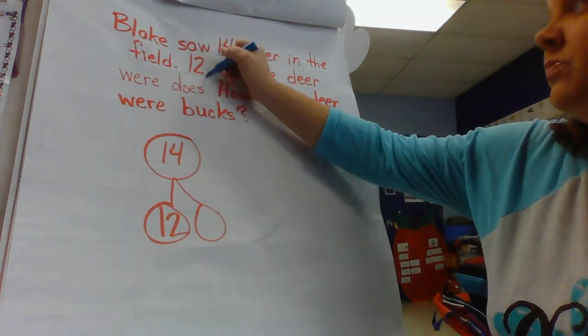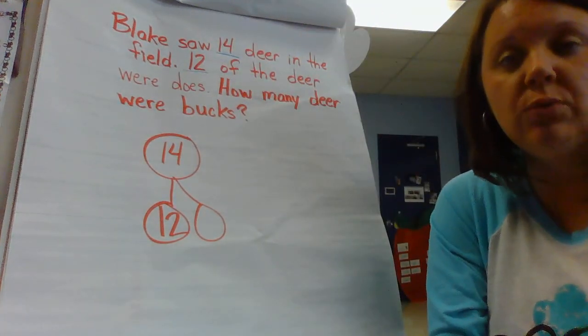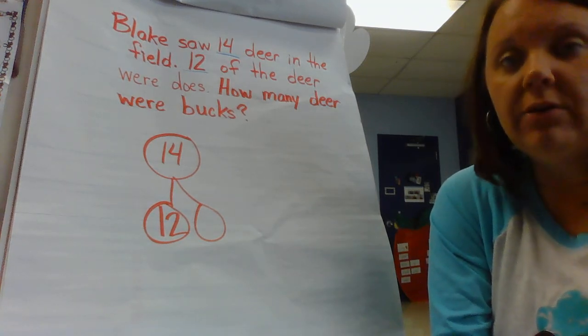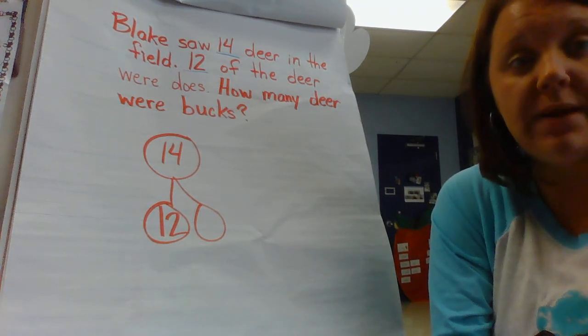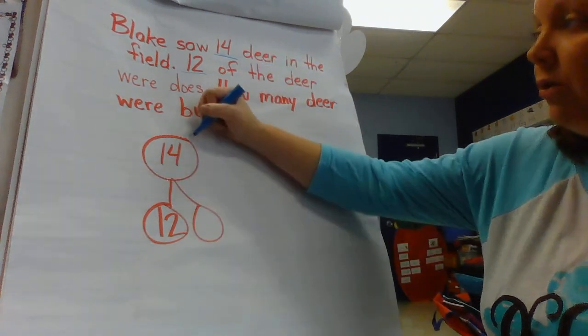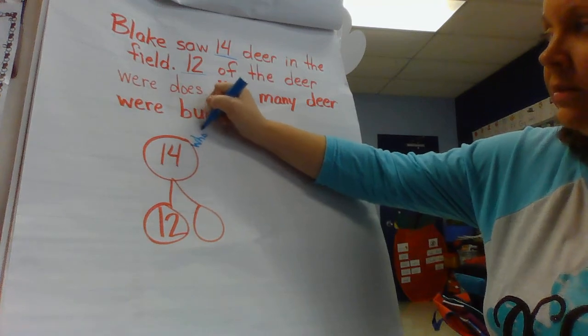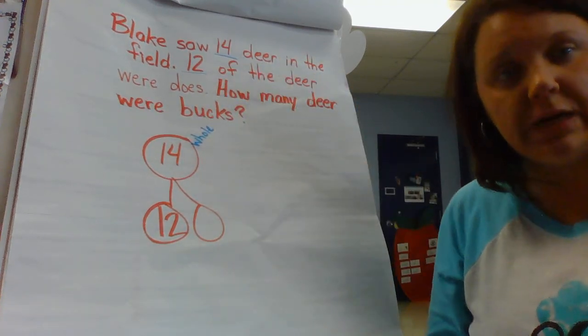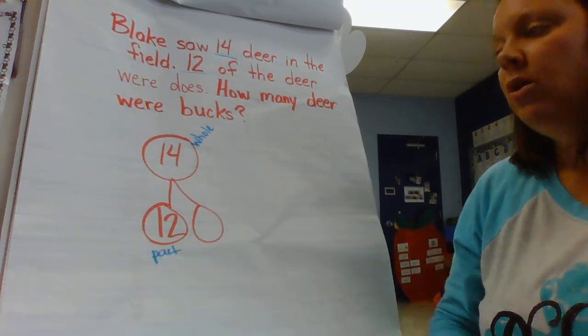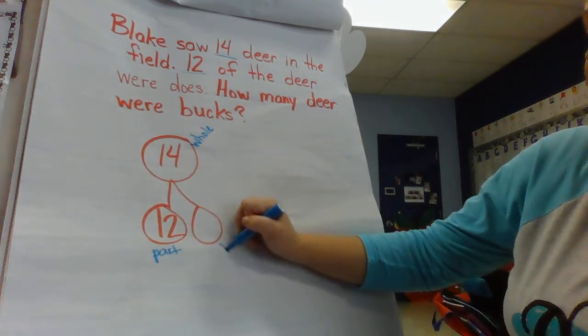We know that 12 of the deer were does. They were female. We are looking for the amount of deer that were bucks. Those are male. We know the whole, the total number of deer spotted, and we know the part. We are looking for the missing part.